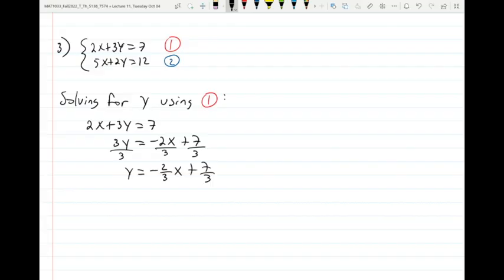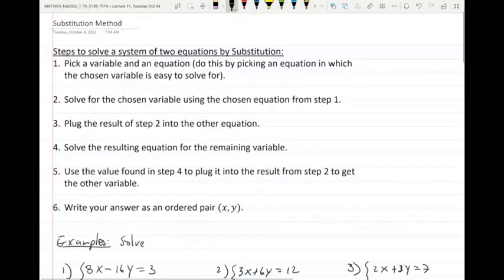Now, what are we supposed to do? Let's go to steps. So we already did step number 2. We solved for y. Now, step number 3, plug the result of step 2. So that equation that we got, plug it into the other equation, right? So the other equation is equation number 2.